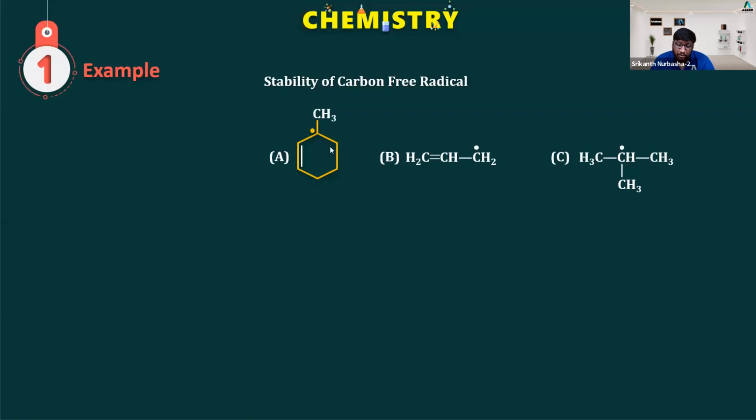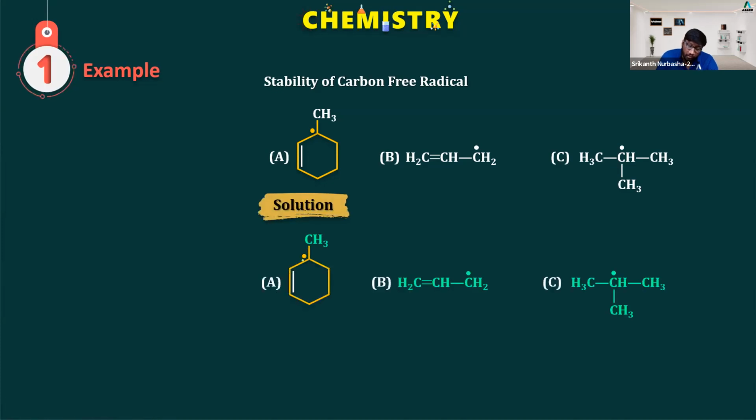Compare the stability of carbon free radicals like A, B, C. In A and B you have resonance, in C you have hyperconjugation. In A, you have resonance and hyperconjugation. In B, only resonance. Yes or no? In A, because the pi electron density is in resonance, there is pi free radical conjugation.